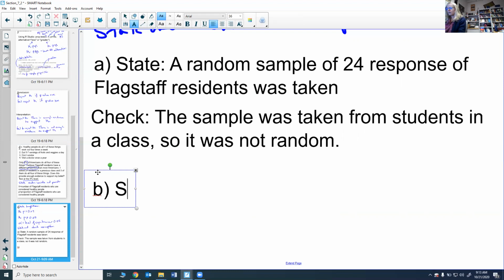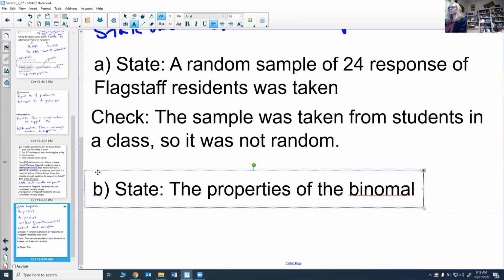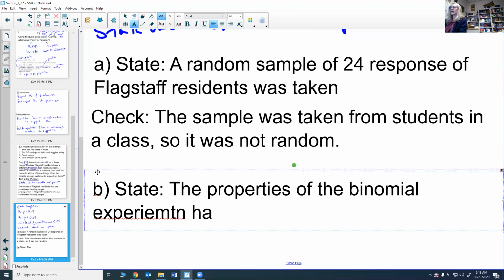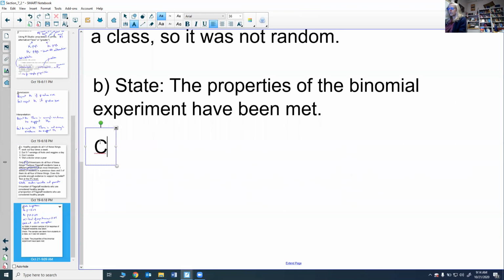All right, so then the second one we're going to state is that the properties of the binomial experiment have been met. So that means we have to think about what all those properties are. So then we go back to our check and we're going to look at those properties. And the first property is that we had a fixed number of trials.